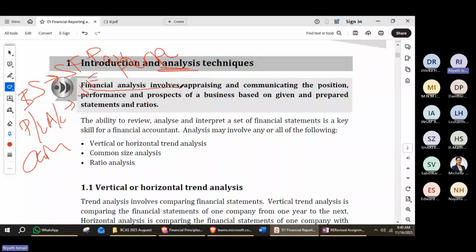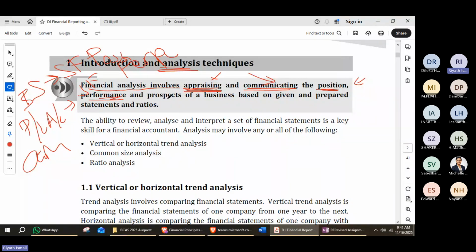Financial analysis involves appraising and communicating. You find some insight and you have to communicate the position, the balance sheet. Position means whether the company is in a strong or weak position. Performance means whether the company makes a profit or loss.